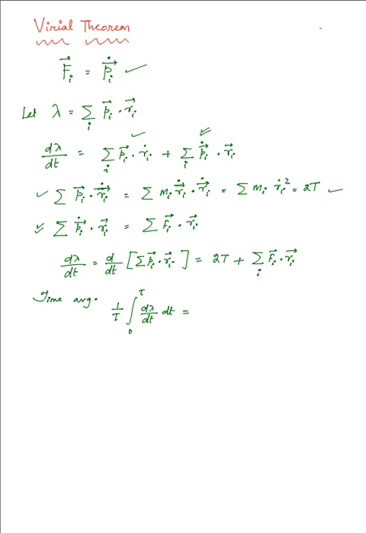Now as for the right hand side, because we are taking the average, we will give a barred expression to d lambda over dt, and that will give us 2T, the time average, followed by the sum of Fi dot Ri, and the time average of it as well.